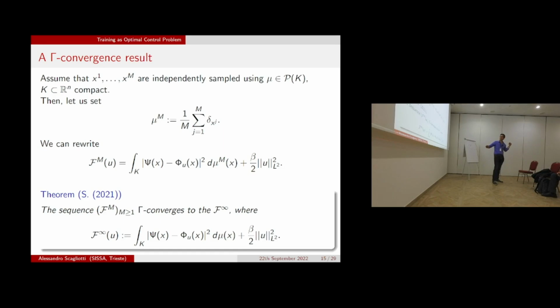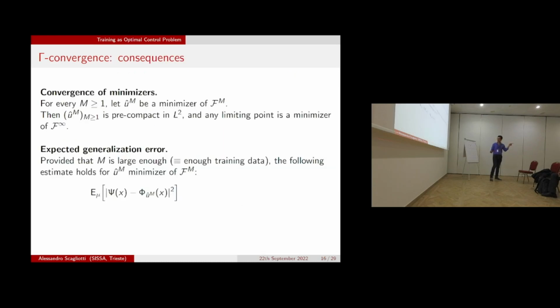But the fact that the minimum of this is converging to the minimum of this implies that the norms of the minimizers are converging to the norm of this minimizer. So you have weak convergence plus convergence of the norms, which implies strong convergence.